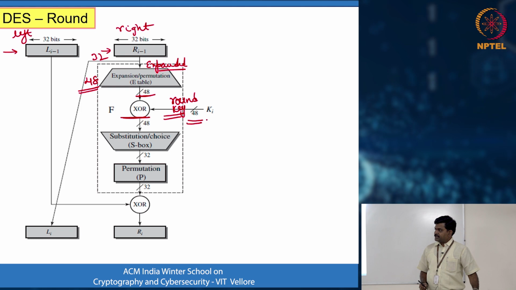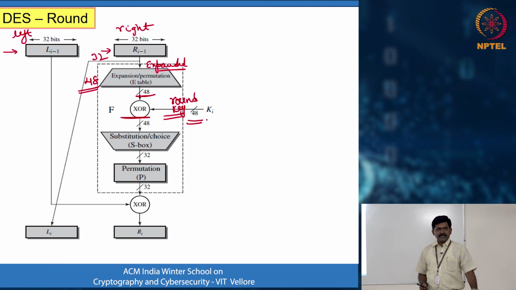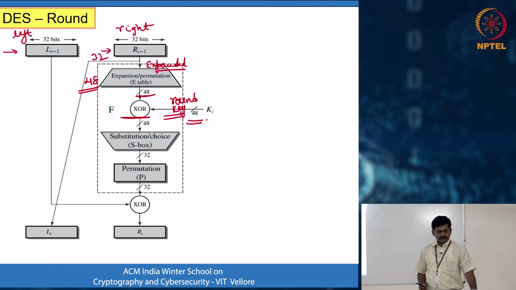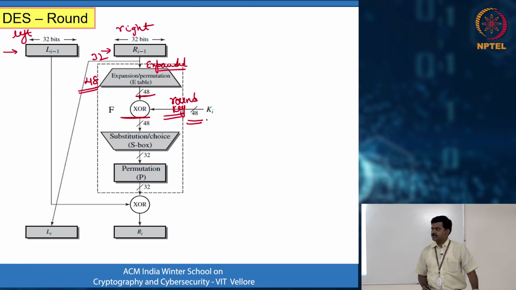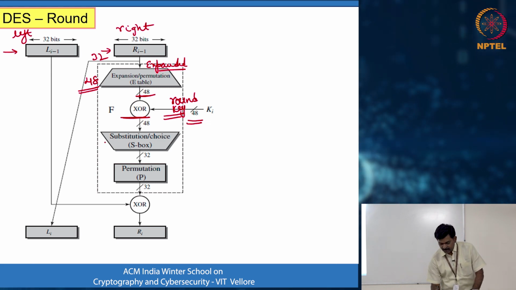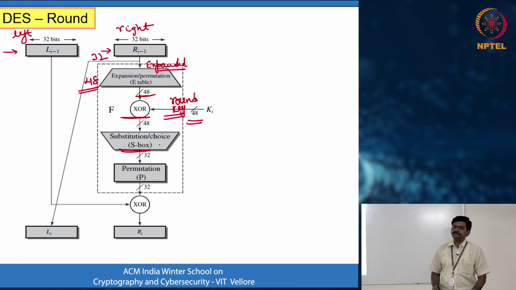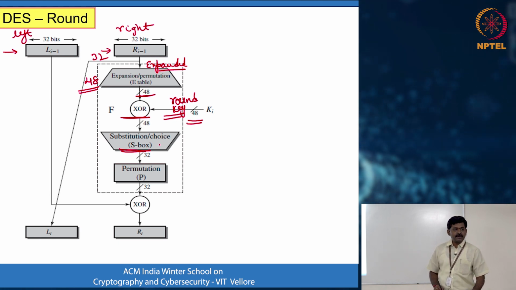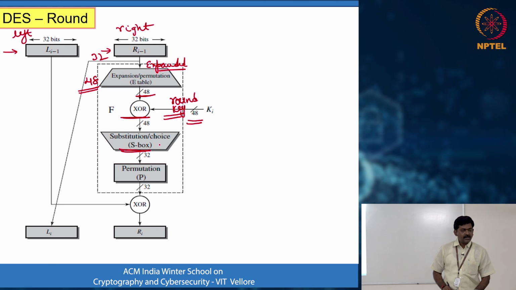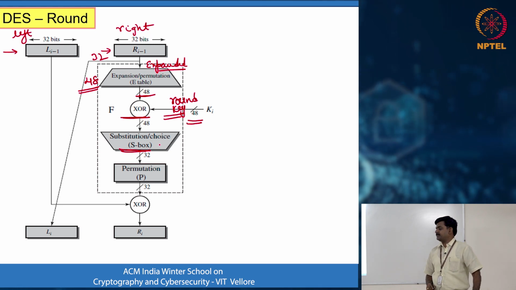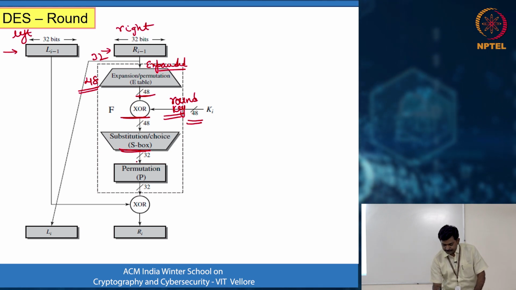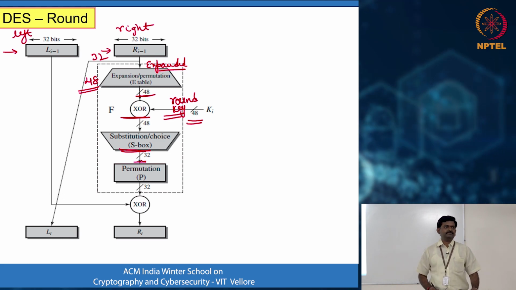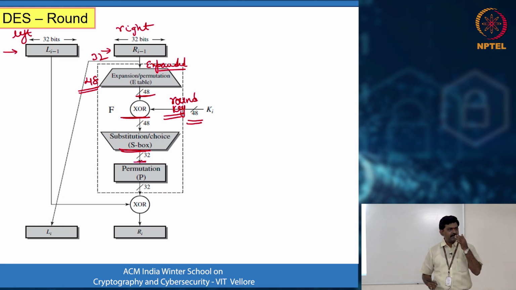So when you XOR, it is a bitwise XOR operation, you get a 48-bit output that goes into a substitution operation. Input to the substitution operation is 48, output from the substitution operation is 32. A kind of compression you are doing.